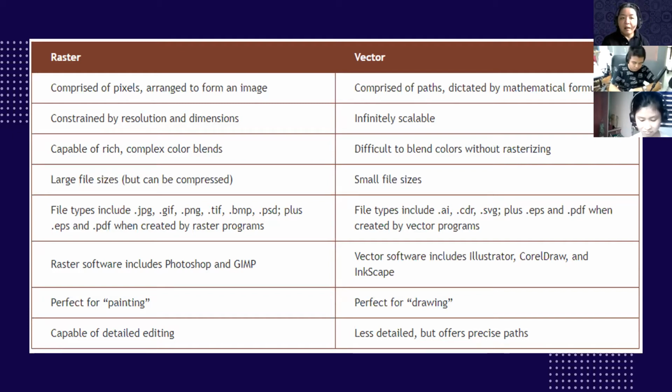Okay. Raster images, on top of what you guys have described and what I just mentioned, are capable of rich, complex color blends simply because each box is assigned a single color.